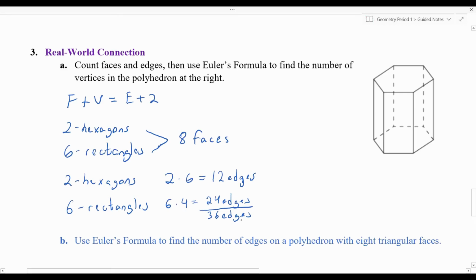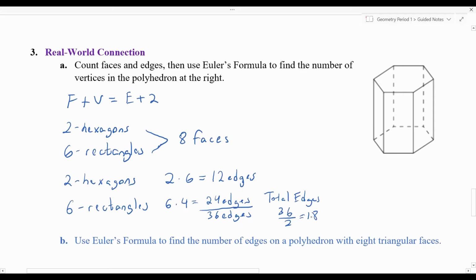I need to divide this number by 2 so I can count each edge precisely one time. Because this method of counting the edges does not take into consideration double counting, I need to undo the double counting by dividing by 2. So we have total edges is what we got, the 36, divided by 2, so we can get rid of the double counting, and that gives me 18.